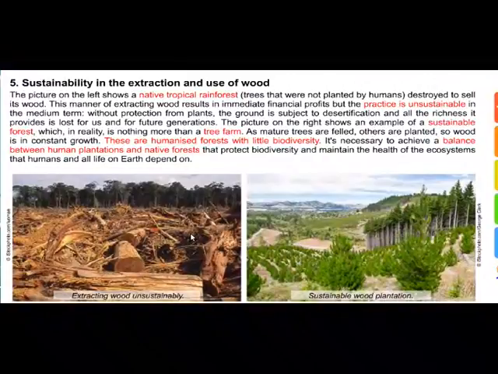These are humanized forests with little biodiversity. It's necessary to keep a balance between human plantations and native forests that protect biodiversity and maintain the health of the ecosystems that humans and all life on Earth depend on.